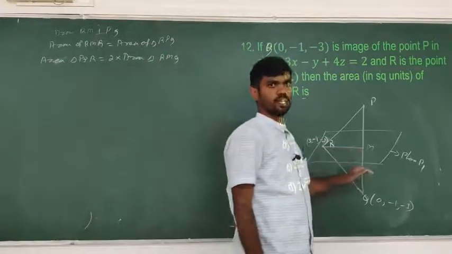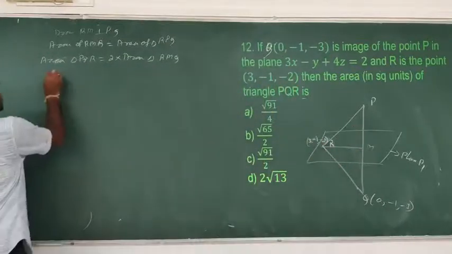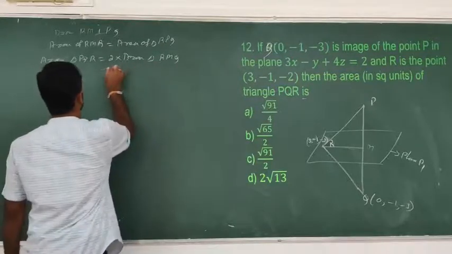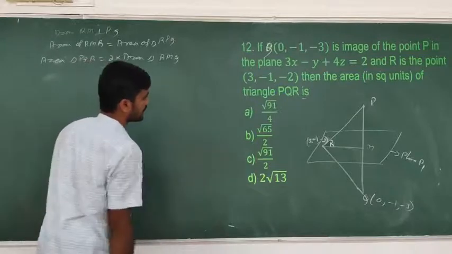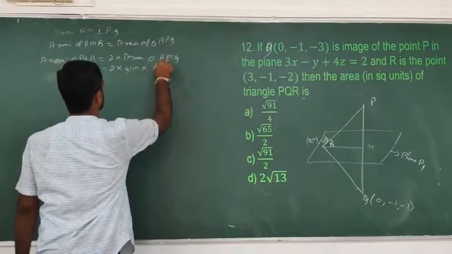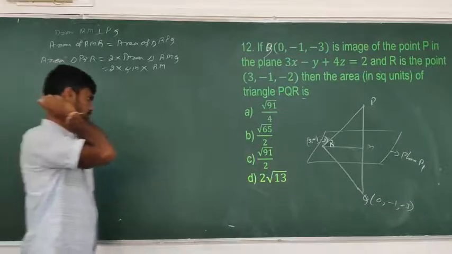Find the area of either triangle and multiply by 2, and we get the area of the triangle PQR. First, the area of triangle RMQ is nothing but half into base into height. Base is QM, height is RM, so half into QM into RM. Now our aim is to find QM and RM.